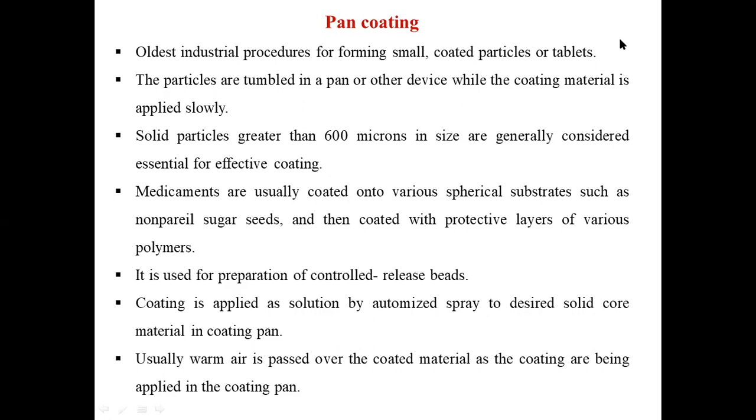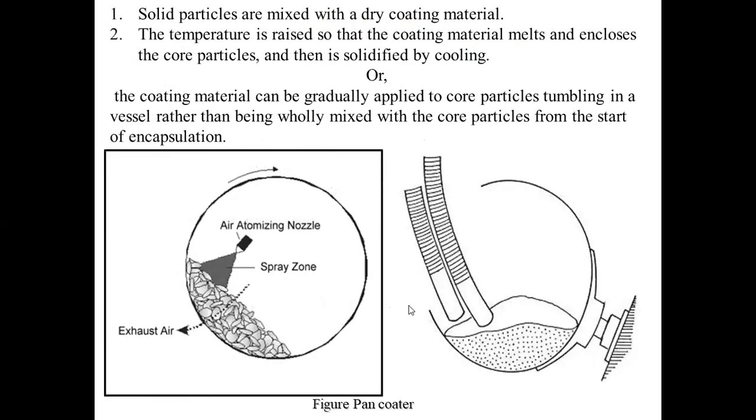Usually, to remove the coating solvent, warm air is passed over the coated material as the coatings are being applied in the coating pan. The final solvent removal is accomplished by a drying oven. It's a simple process that we have carried out here.